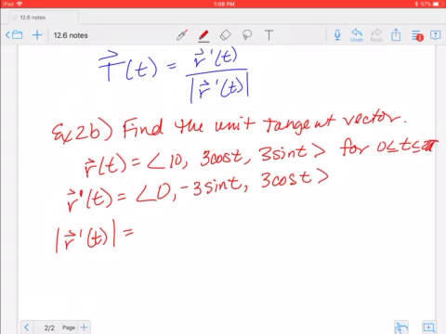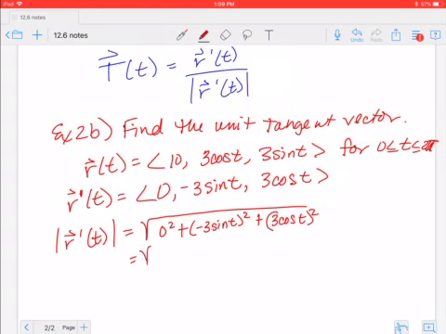And so then my magnitude is going to be the square root of 0 squared plus negative 3 sine of t squared plus 3 cosine of t squared. Then simplify. So 0 is just 0. So this is 9 sine squared of t plus 9 cosine squared of t.